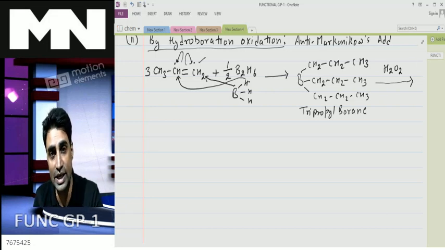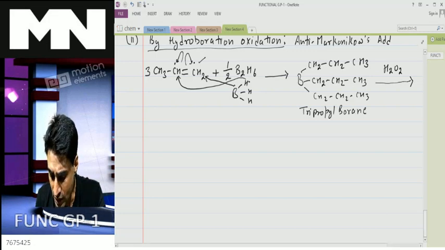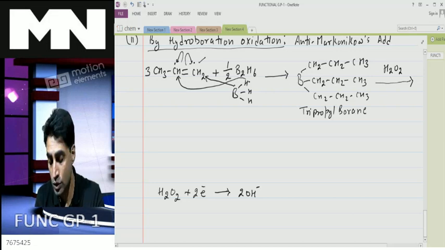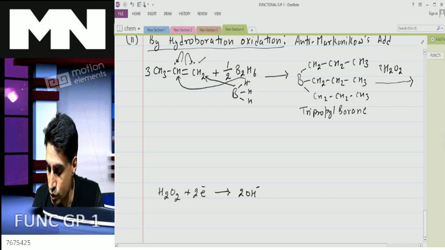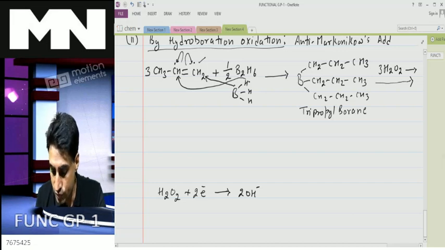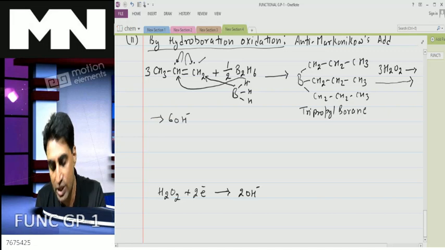Here it is acting as an oxidizing agent. H2O2 will gain 2 moles of electrons and become 2 moles of OH negative. Here you have 3 moles of H2O2, so that will give you 6 moles of OH negative ion.